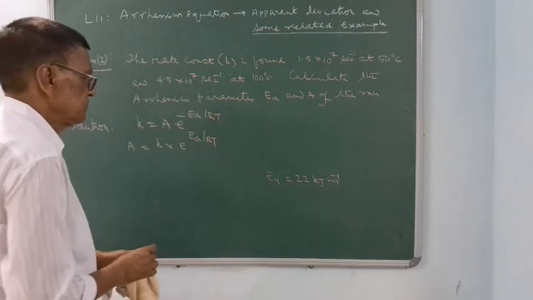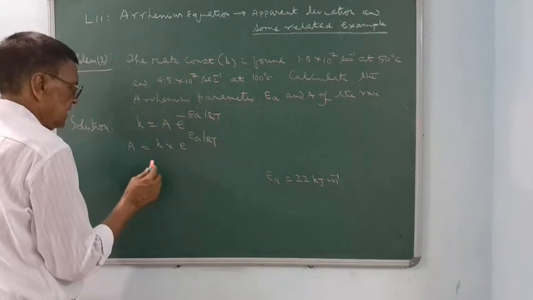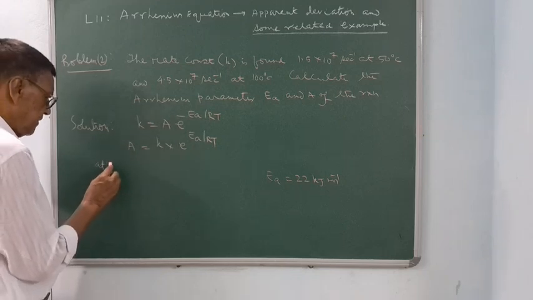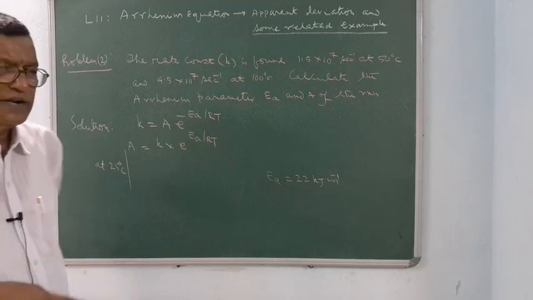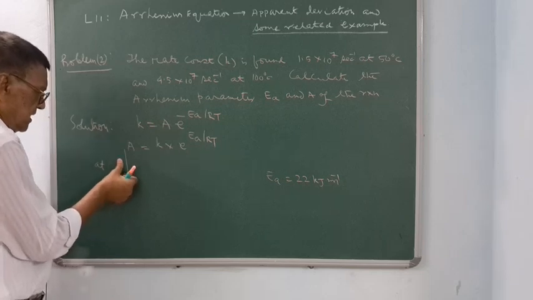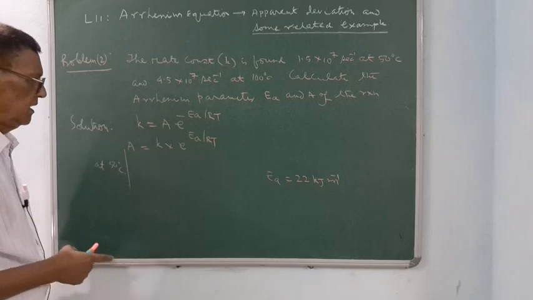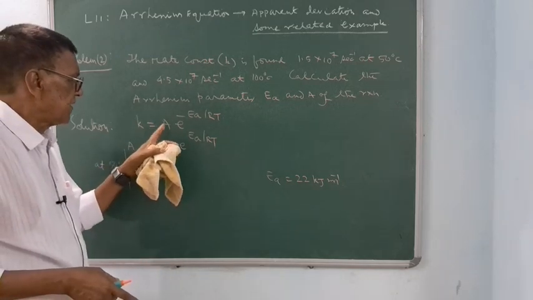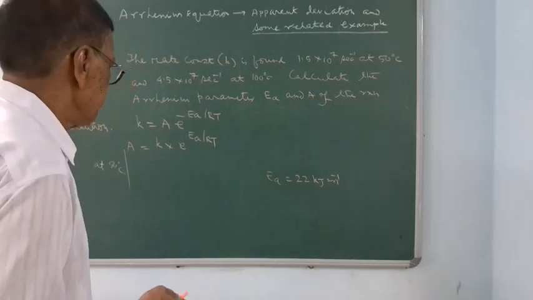If we put these values, we can use data at any temperature, say at 50 degrees centigrade, as the Arrhenius factor A is assumed independent of temperature.